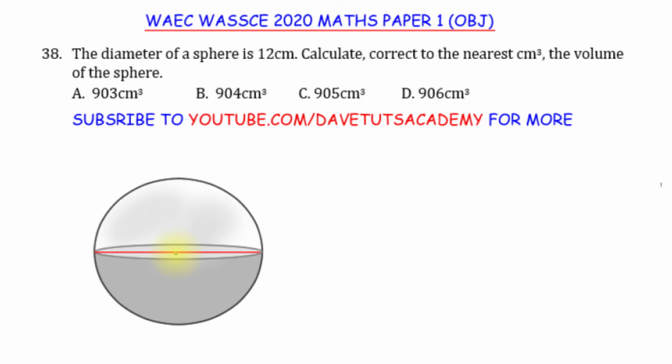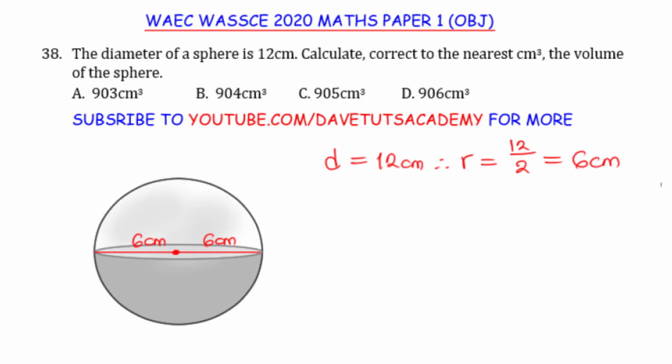If that is 12 centimeters, half of it from the edge of the sphere to the center of the sphere will be 6 centimeters, and the other one will also be 6 centimeters. So we have identified our diameter to be 12 centimeters. Therefore, the radius, which is 12 over 2, half of the diameter, will be 6 centimeters.